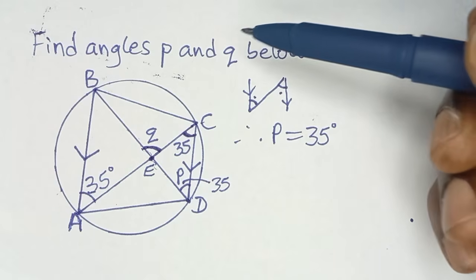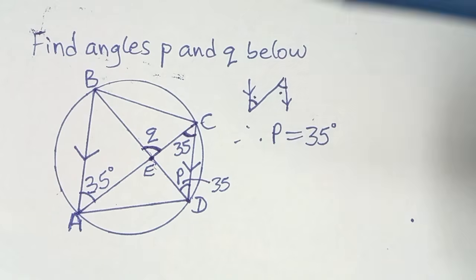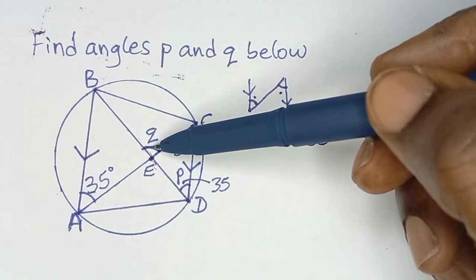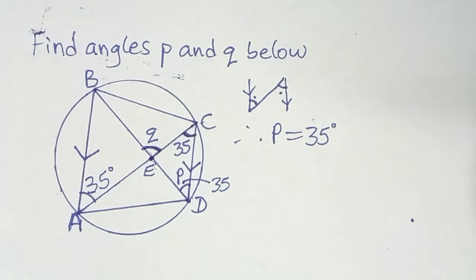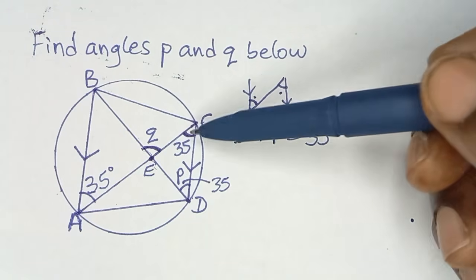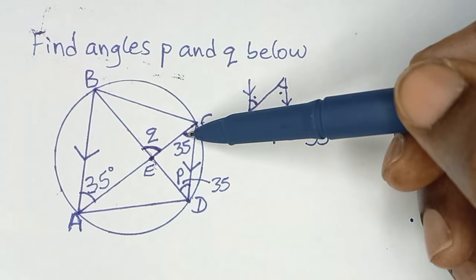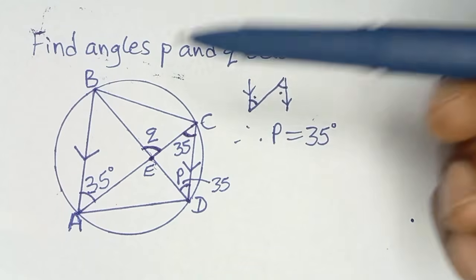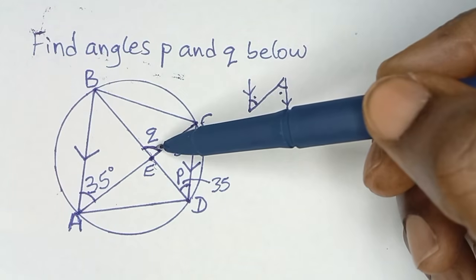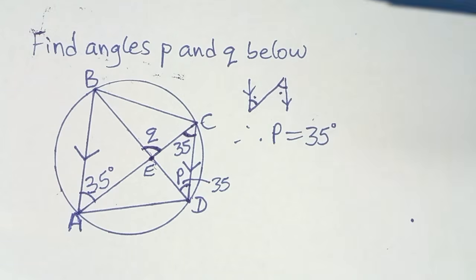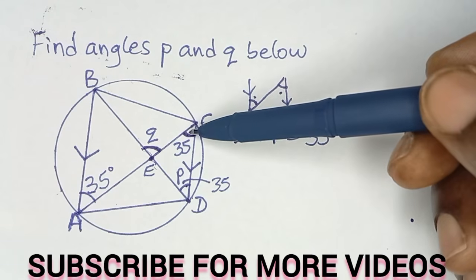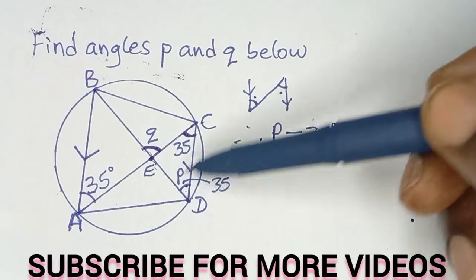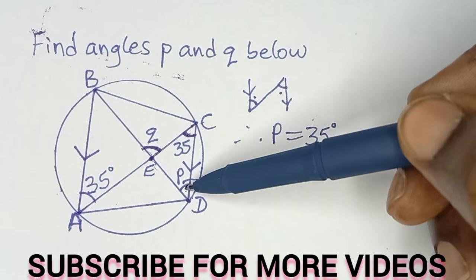Now, there's a rule in triangles that states that the exterior angle of a triangle is equal to the sum of the two opposite interior angles. Let me repeat that theorem again: the exterior angle of a triangle is equal to the sum of the two opposite interior angles.